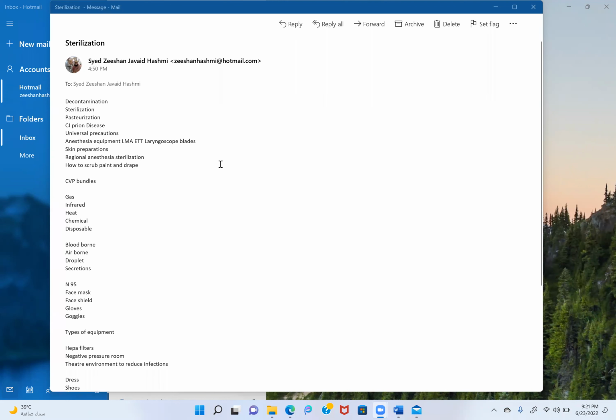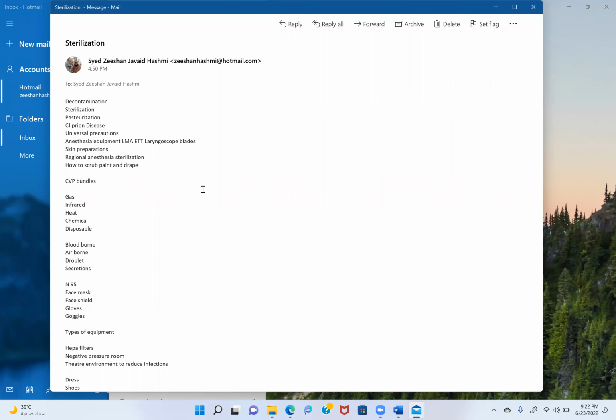N95 mask, we can define it as preventing 95% of the transmission. Yes, 95% efficient. Okay, so this is one thing.